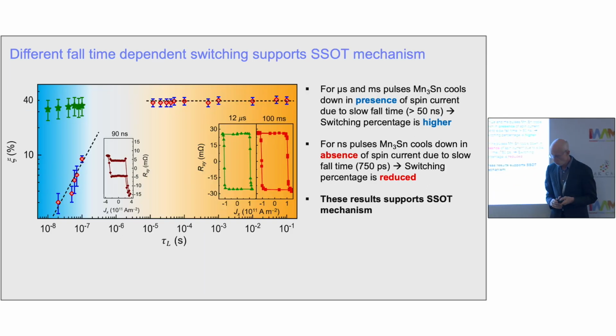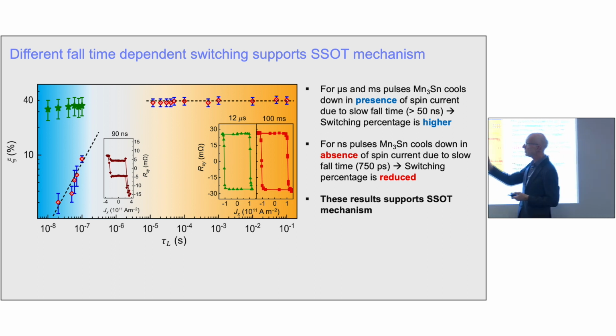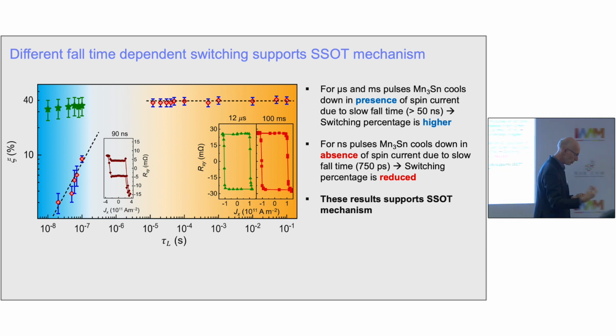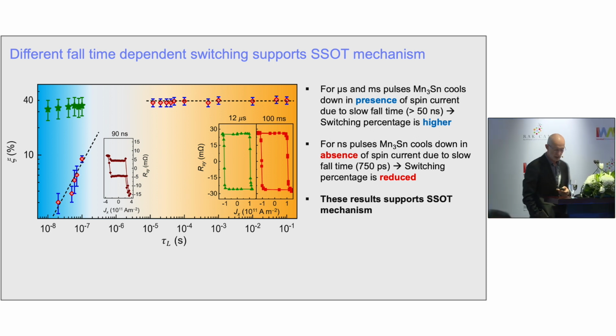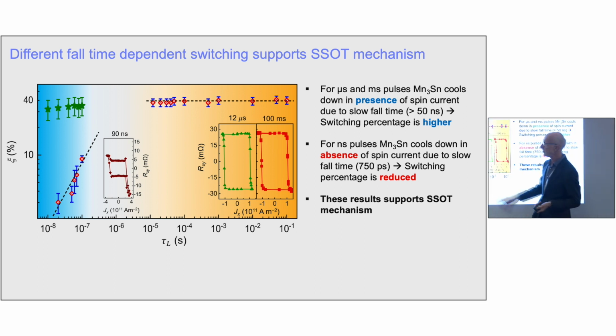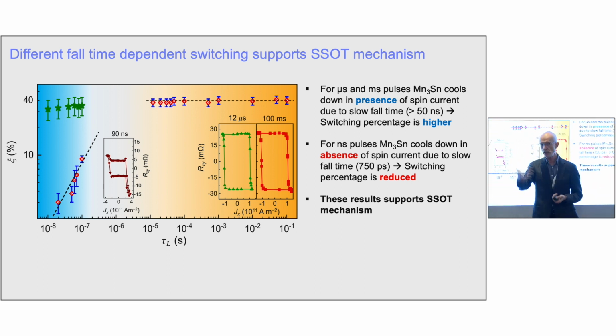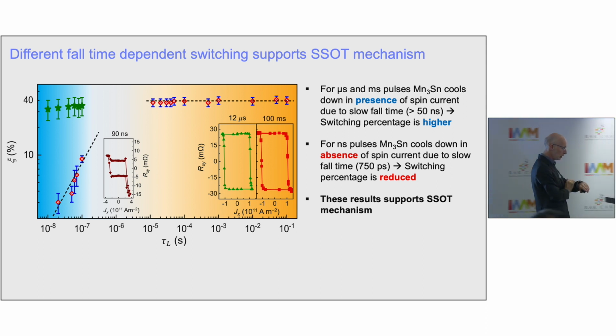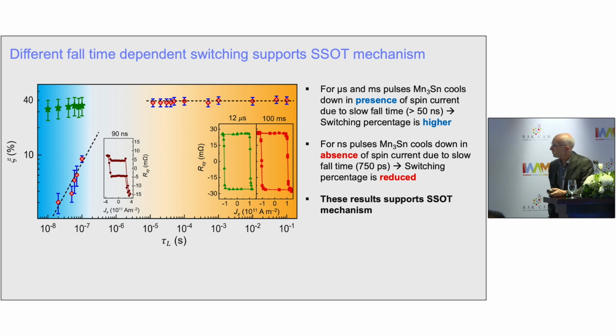And then we can show very nicely, with these green dots, that if we follow this recipe, applying very short nanosecond-long current pulses with long fall-off times, we can get the same degree of switching at 10 nanoseconds as we get at milliseconds, the data that I showed you earlier.